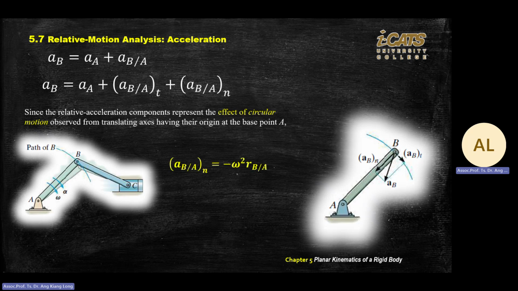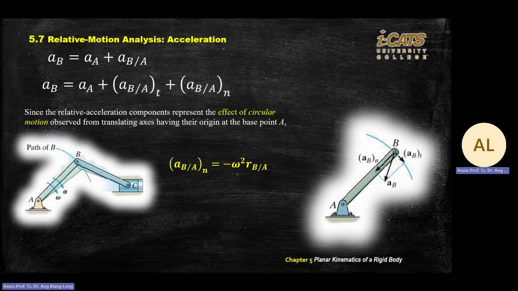Just to recall another formula: V equals omega R, and acceleration equals omega square R. You've seen these before already. I'm just recalling what you learned previously. Two formulas: one is V equals omega R, another is A equals omega square R. Negative or positive depends on the motion.